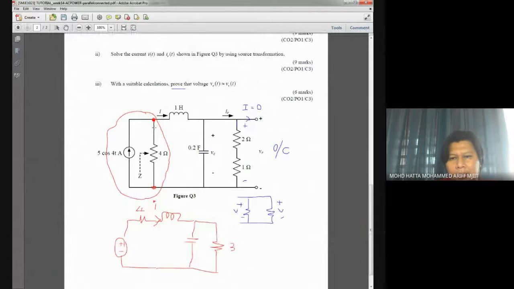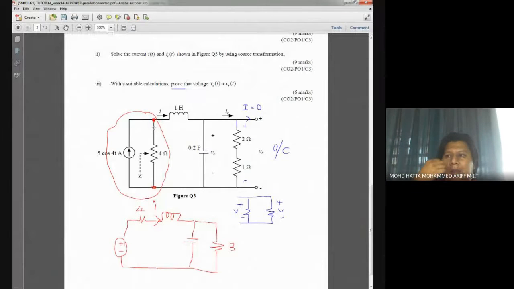I really hope you can take the opportunity of the tutorial session to get familiar with how we combine impedance, how we solve a circuit with a combination of series and parallel connection, and also use the source transformation theorem in order for us to proceed with the analysis.